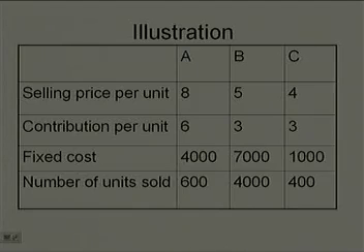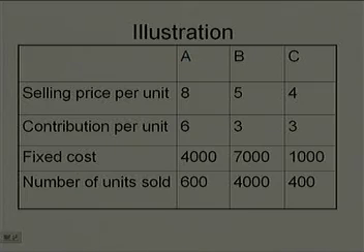And finally, if you see the last row of this particular slide, you find how many units are sold for each of the products. Product A sells 600 units, product B sells 4,000 units and product C sells 400 units. So, these data we have collected from a particular company, and now we want to perform multiple product break-even analysis.